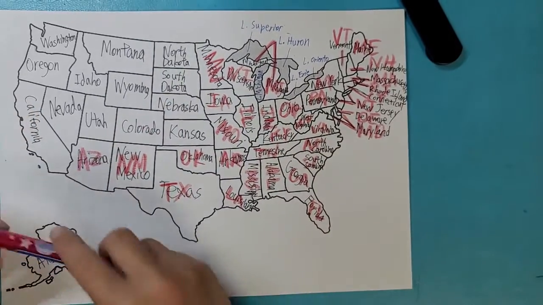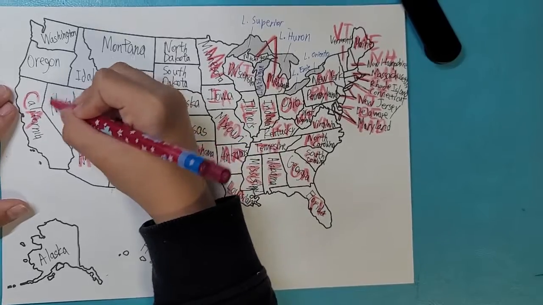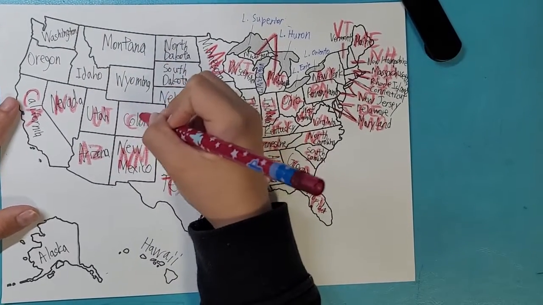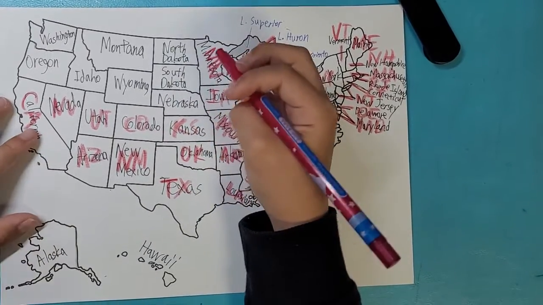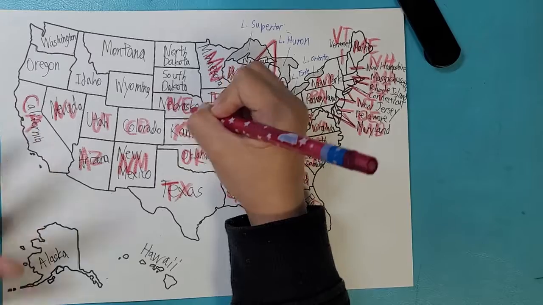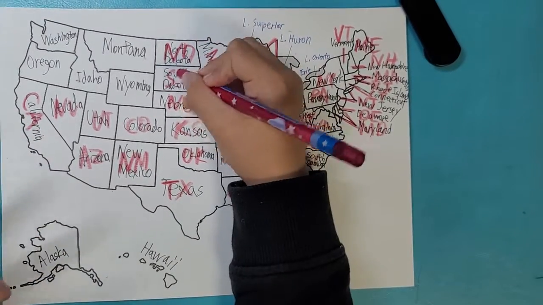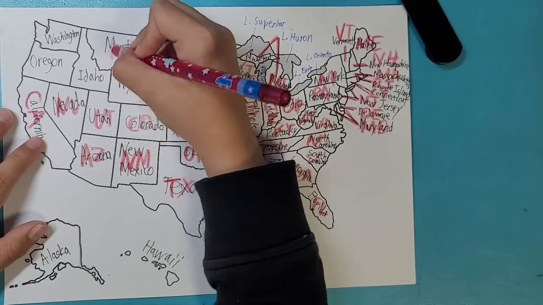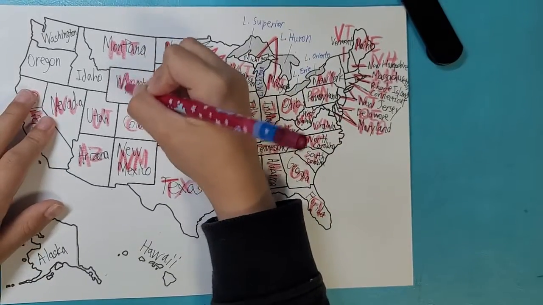California's CA. Nevada's NV. Utah's UT. Colorado, CO. Kansas is KS. Nebraska's NE. South Dakota and North Dakota are SD and ND. And Montana's is MT. Wyoming's is WY.